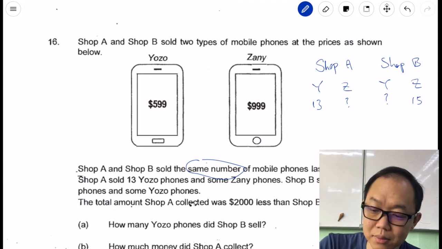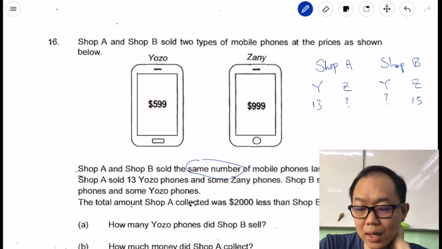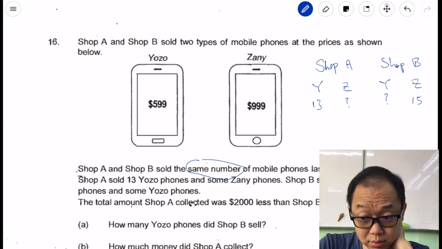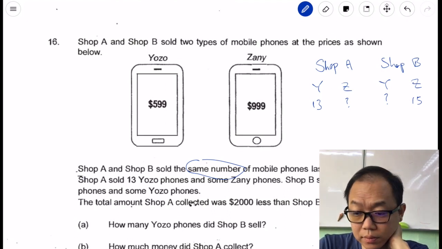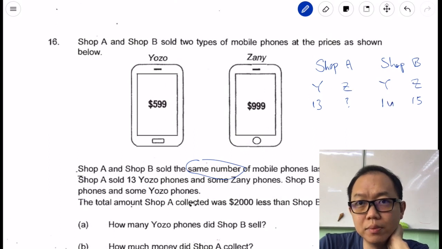Difficult. Same number, so 13 plus. Let's call this 1 unit. So 1 unit plus 15 is the total number sold.